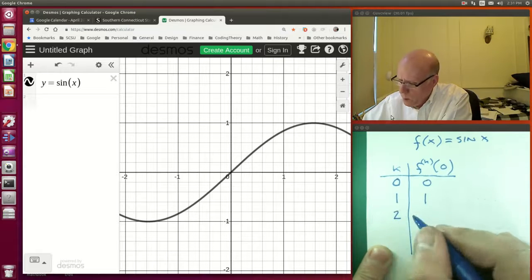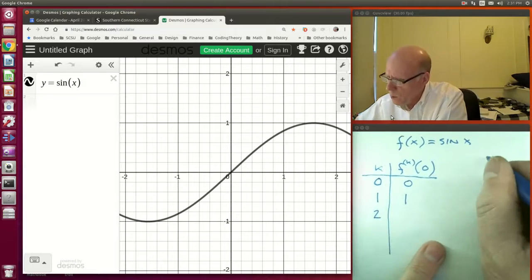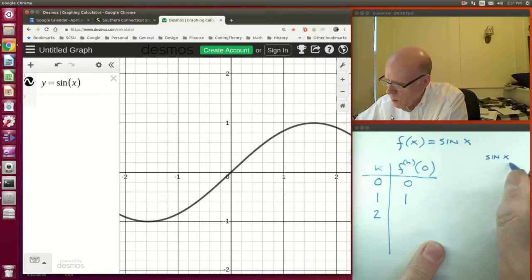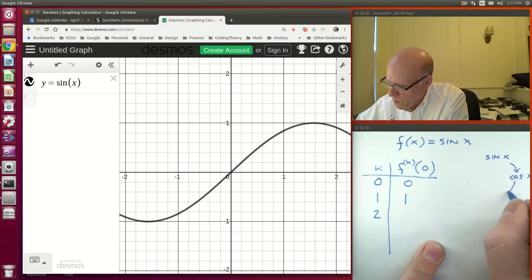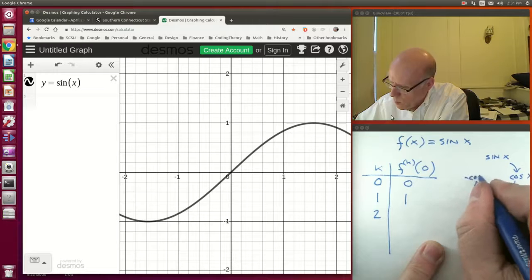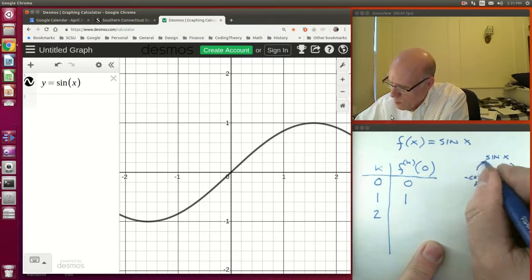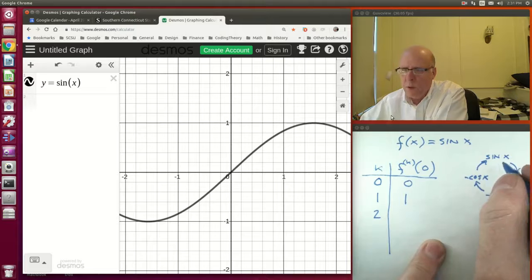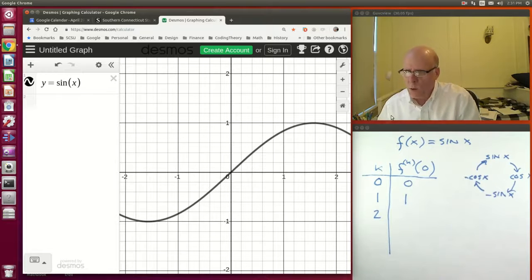When k is 2, I do think we should probably remember this little clock drawing I showed you once before about how to remember the derivatives of the trig functions. I'm taking successive derivatives of sine of x, and the thing that's cool is that once you go around a cycle of 4, they just repeat themselves again. By the time you take 4 derivatives of sine of x, you're back where you started.